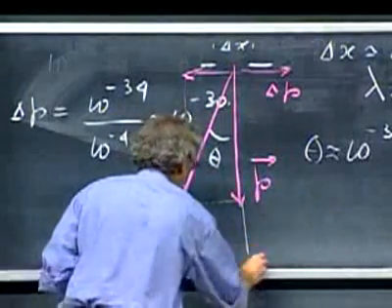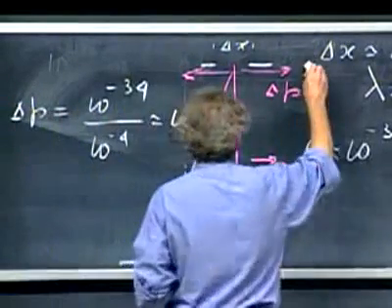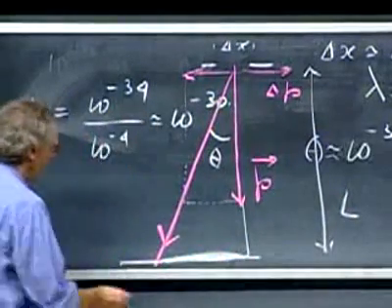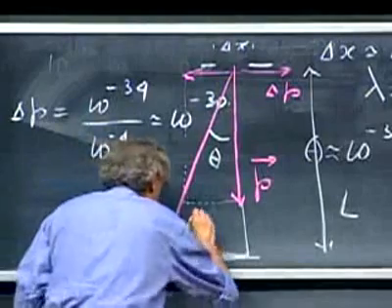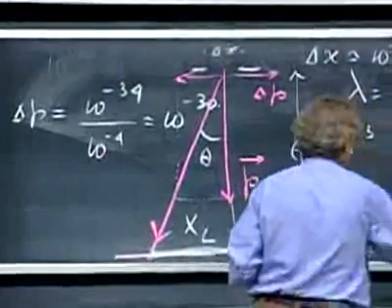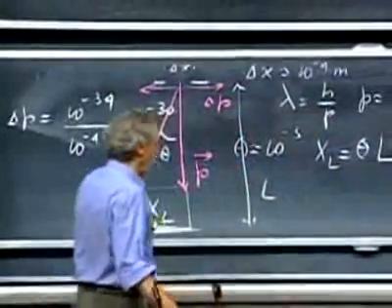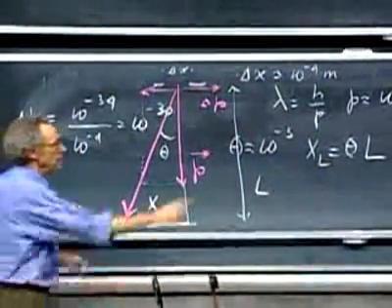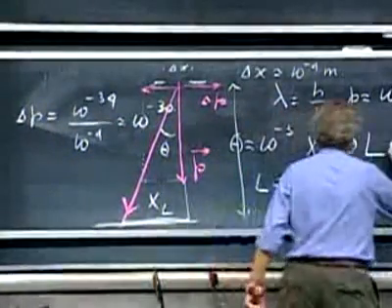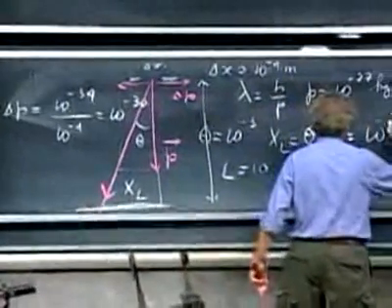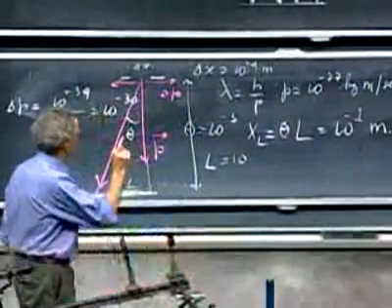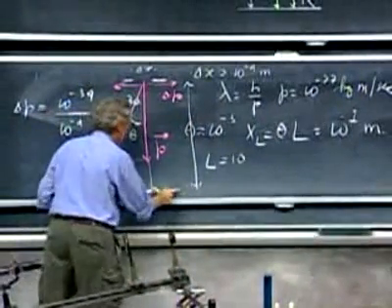And if at a distance L you have a screen, then the spot on this screen, x at location L, is obviously theta times L. If theta is 10 to the minus 3, and let's assume the screen is about 10 meters away, so L is about 10 meters, then you get 10 to the minus 2 meters. That is 1 centimeter. 1 centimeter in this direction and 1 centimeter in that direction.